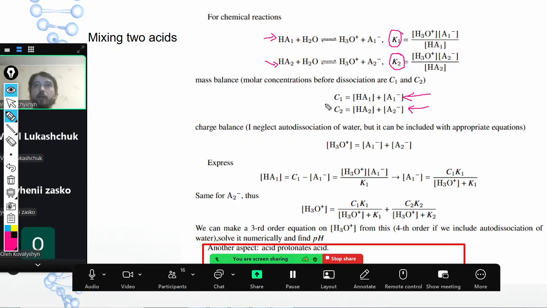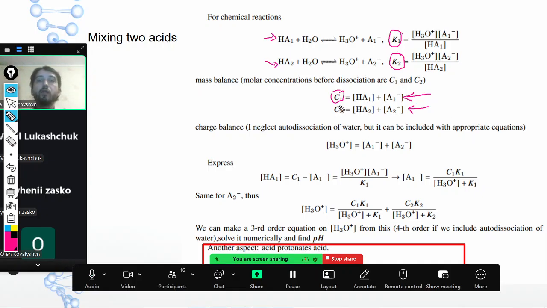So if I have added a certain amount of the acid, HA, at the beginning of the reaction, after everything settles we have a part that is dissociated and a part that is undissociated. And their sum should be equal to what I added at the beginning. That's reasonable because it doesn't go anywhere from the container, it's just retained in there.